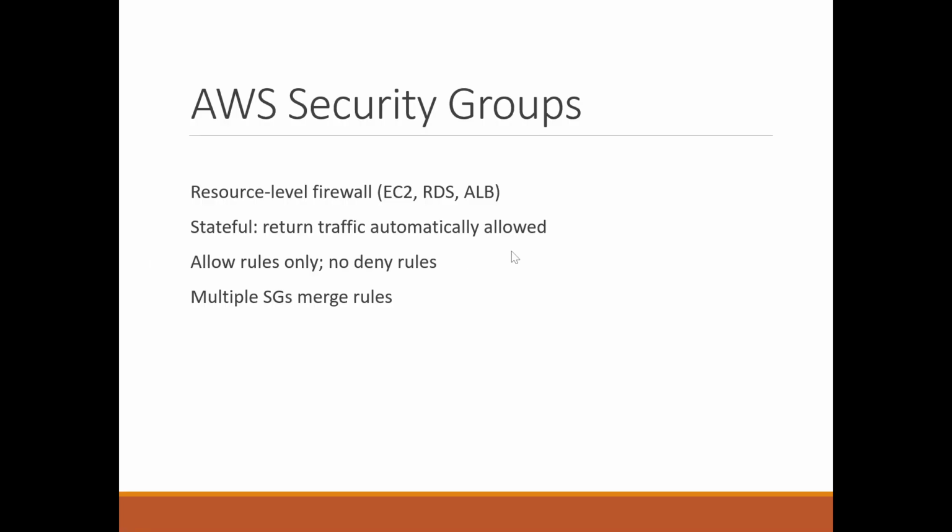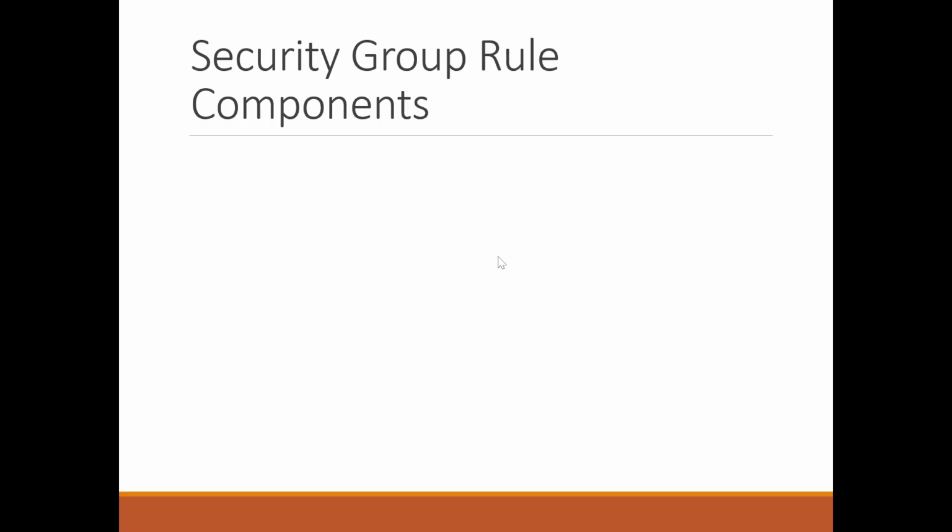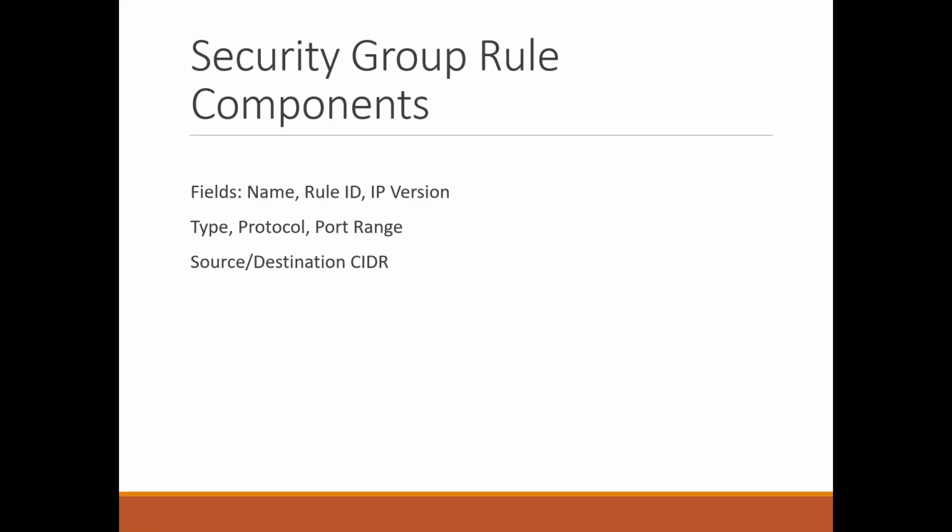Now on the next slide we'll see security group rule components, what we require for writing a rule. First fields: name, rule ID, IP version, which can be IPv4 or IPv6. We also define type, protocol, port range, source or destination CIDR, and description as optional.